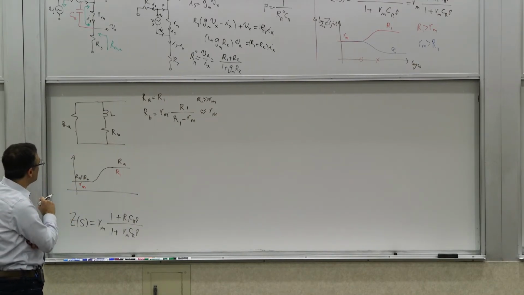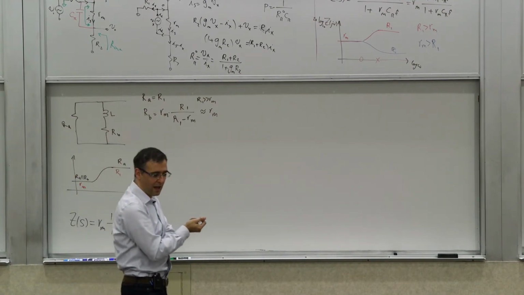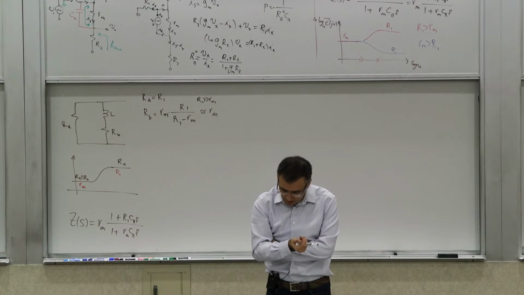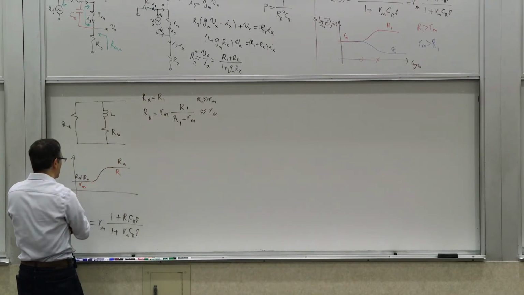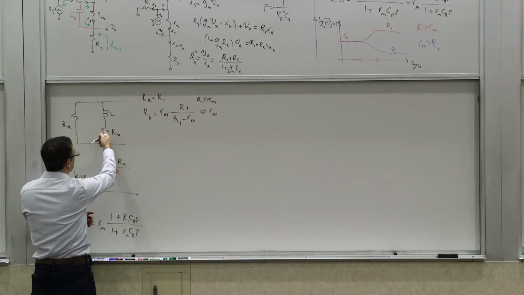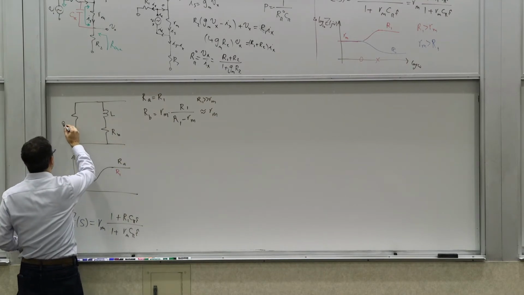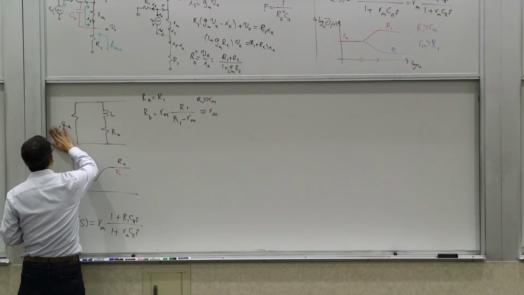So now you have these two. The question is, what is the inductance? How can we calculate the inductance? What is this transfer function now if we have these two? So we said that RB is Rm, and R is R2. Let me just use a different color.